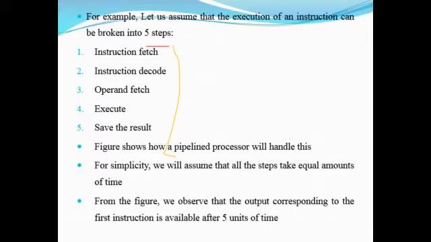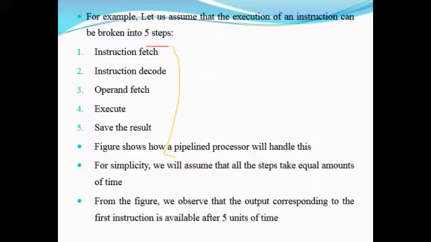The first step is instruction fetch. Then we have instruction decode, and third, operand fetch. Fourth, we have executing the instruction. Finally, we have the result to be saved. The figure shows the pipeline processor which will handle this. Later we'll see that.